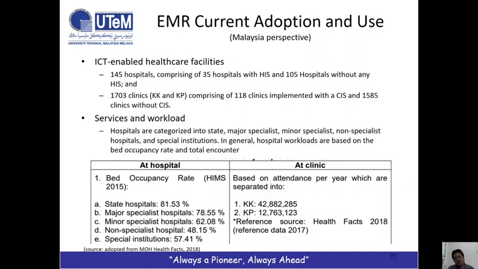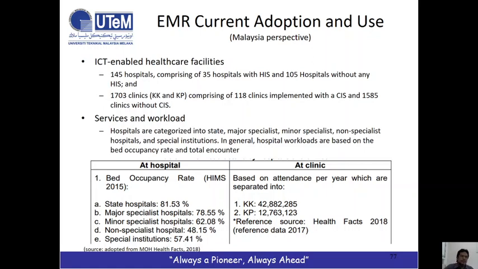But if we compare with India or Pakistan or Bangladesh, I think your countries have more numbers than us. So from 1,703, only 118 implement CIS or HIS. The remaining klinik kesihatan or klinik pergigian are still manual.